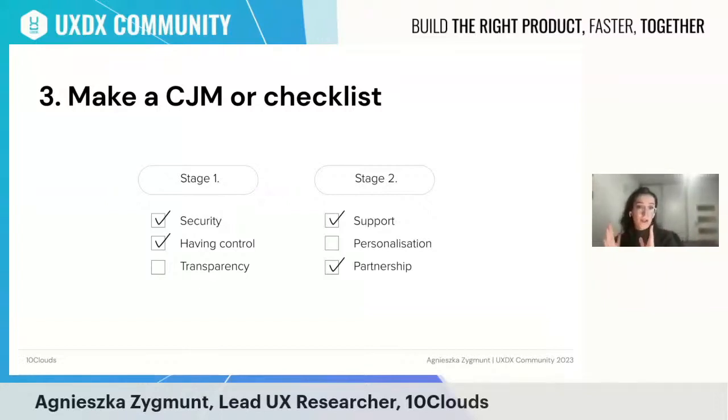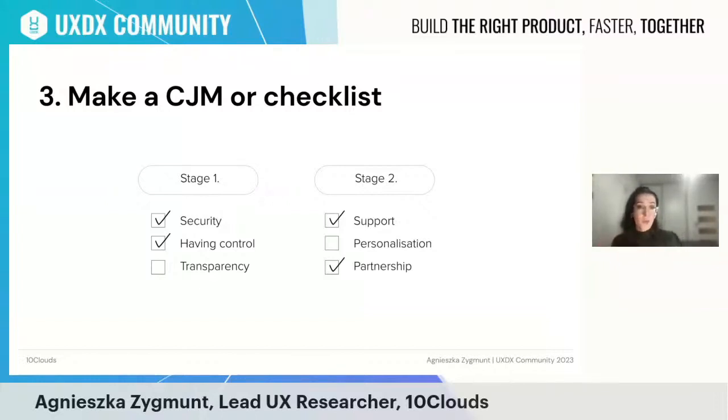So having different checklists for every stage of the process helps you check if you have everything. Okay, I have security, I have control in the communication, I don't have transparency. So how can I add transparency to the product, to the process?